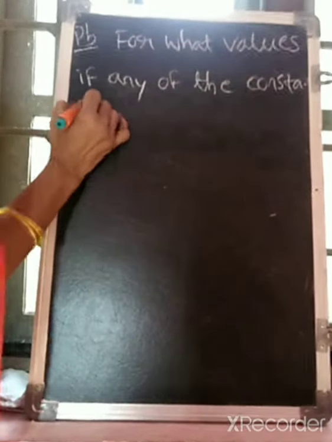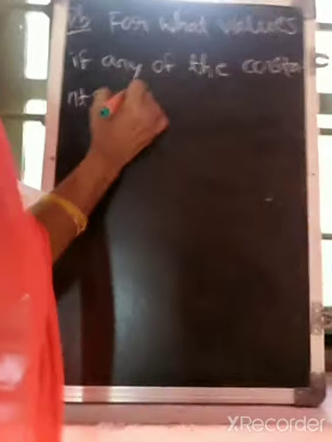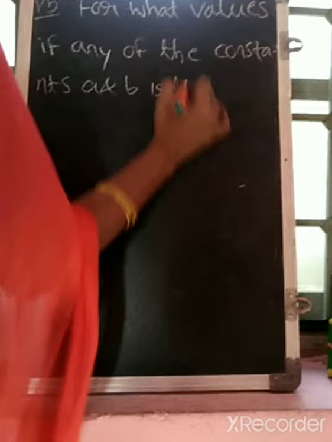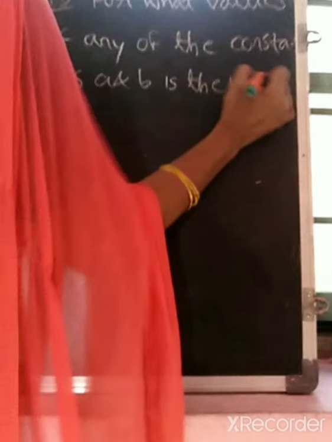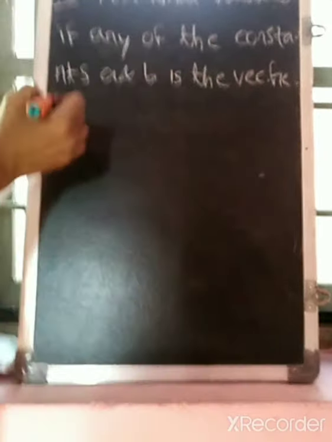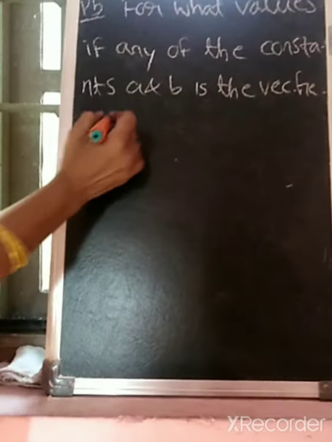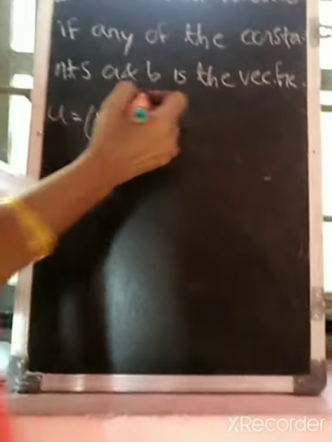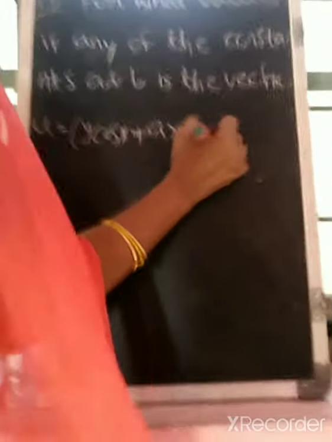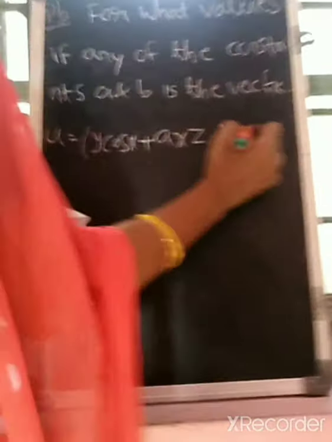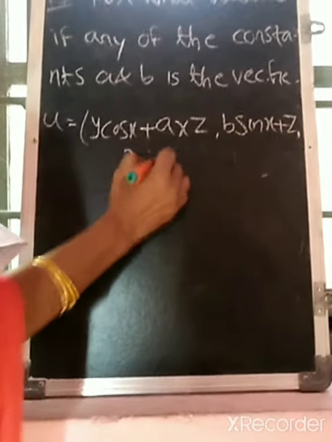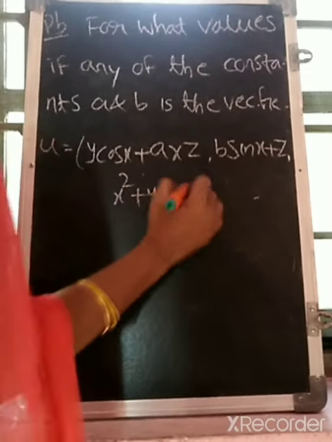For what values, if any, of the constants a and b is the vector field u equal to y cos x plus axz comma b sin x plus z comma x square plus y irrotational?